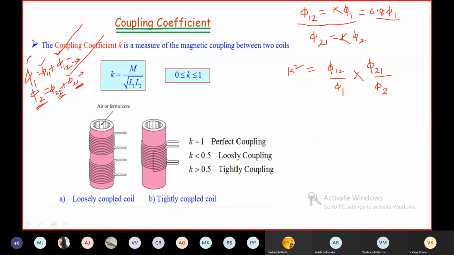You know, right? N1 φ1 is equal to L1 I1. N2 φ2 is equal to L2 I2.